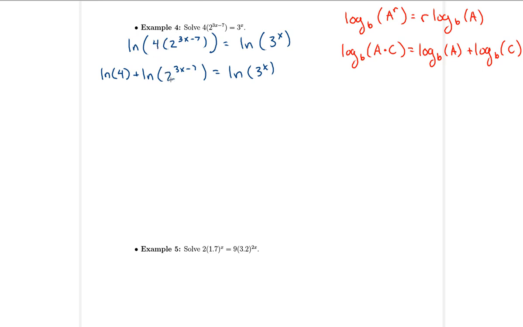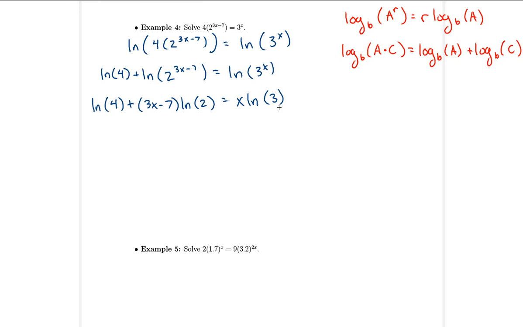Now all I have here is this base that you see here. And so now I am allowed to bring it down front. So we have the natural log of 4 plus, now I bring this down, 3x minus 7 times the natural log of 2. And then of course we can do the same thing on the right side here.